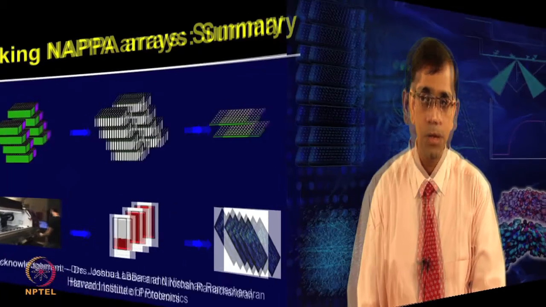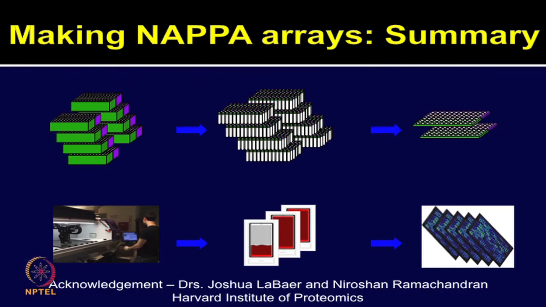In summary, today we discussed how to make NAPPA protein arrays. Similar workflows can be followed for other types of cell free expression based microarrays as well. To make the NAPPA arrays, having access to the cDNA clones is required. One can perform recombinational cloning or obtain good clones from various repositories and grow them in cultures.